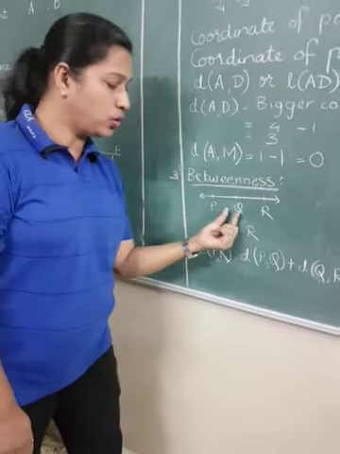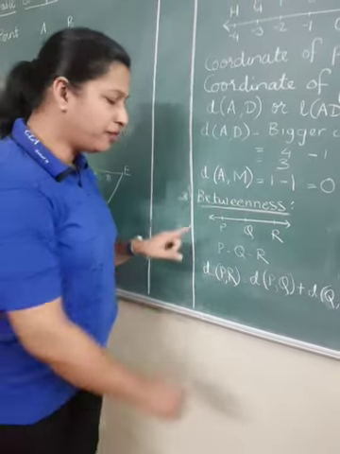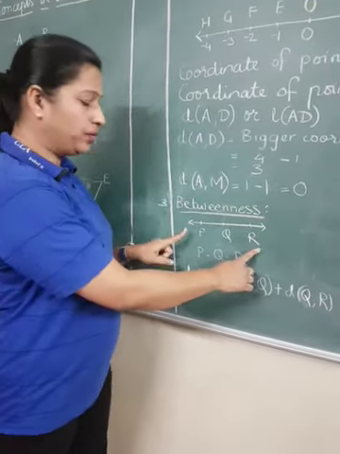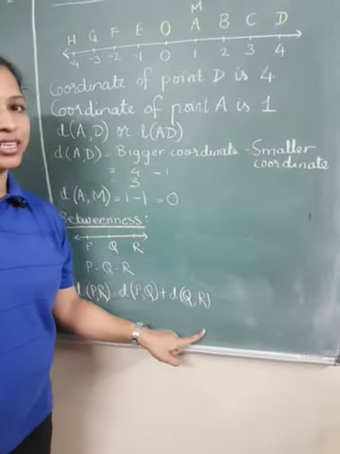So here it just means that point Q is between P and R. So if we have to find distance PR, what do we do? We have to add distance PQ and distance QR. So distance PR is equal to distance PQ plus distance QR. I am sure you all must have understood this.